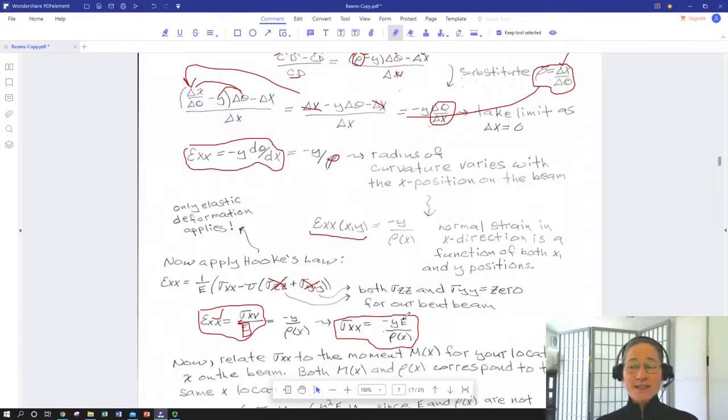Young's modulus tends to be a big number. Y can be the full height of a beam. Some beams are several feet high. So unless we have a very large rho, meaning a very small curvature, our sigma xx can get up into some pretty big numbers.